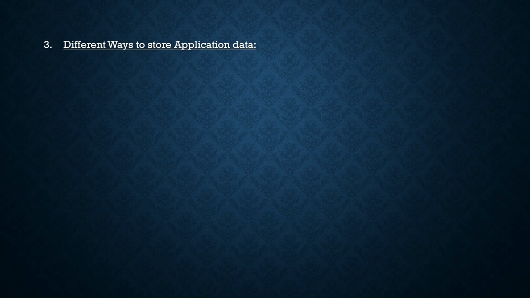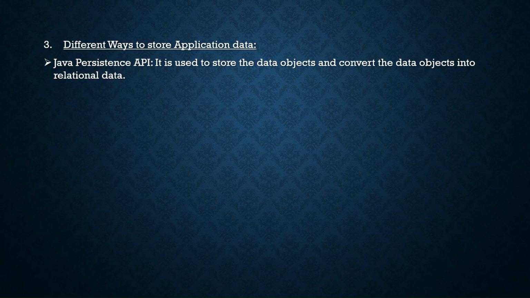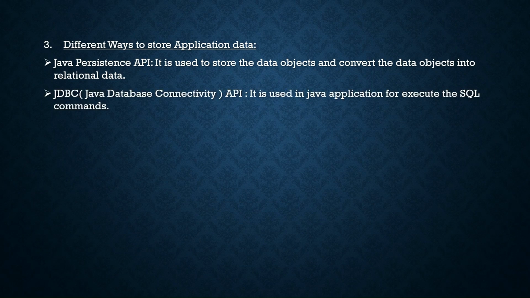And the next one, different ways to store application data. Java Persistence API. It is used to store the data objects and convert the data objects into relational data. JDBC API.